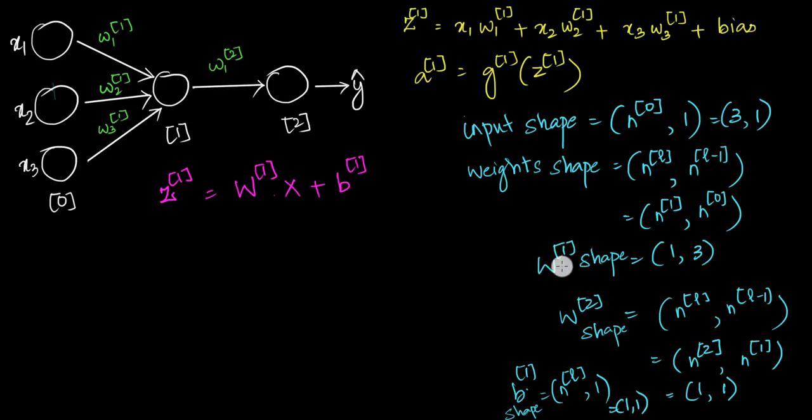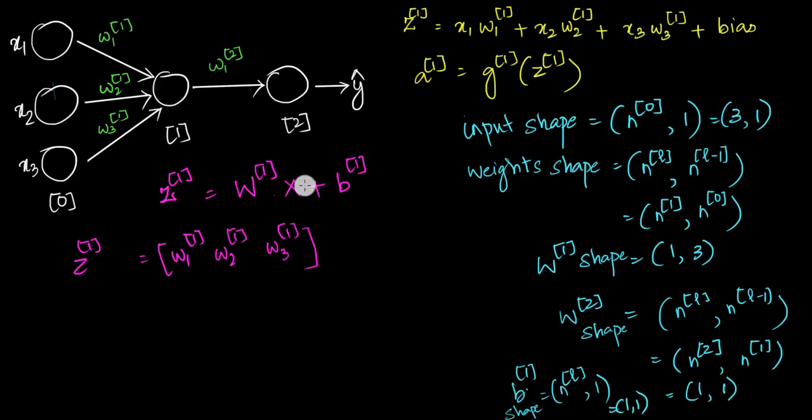So now that we understood the shape, let us apply it here. Here we have W1, which is of the shape 1 by 3, which means there is only one row and 3 columns. So we need to arrange these weights, W1, W2 and W3 in the first layer, in this format. So Z of 1 equals W1 in the first layer, W2 in the first layer, and W3 in the first layer.